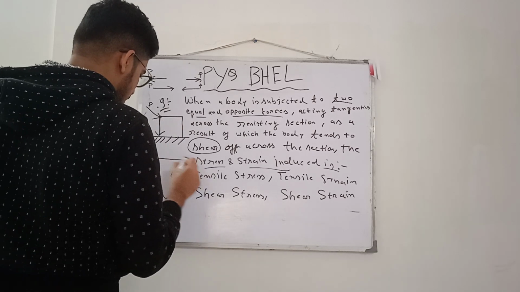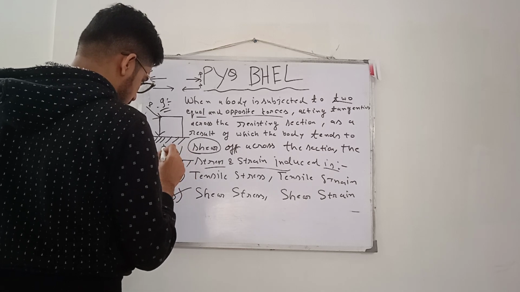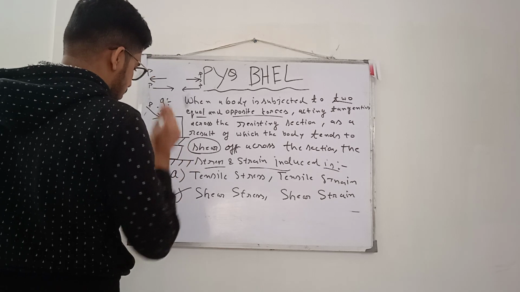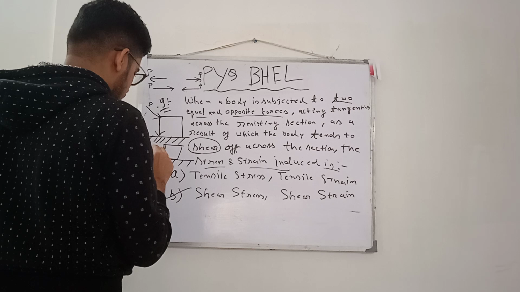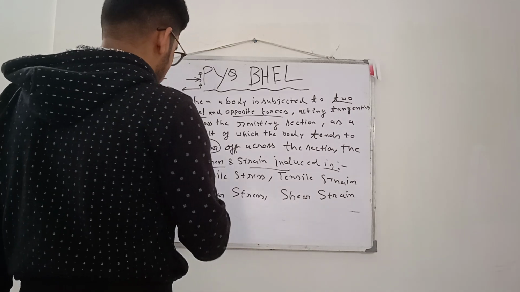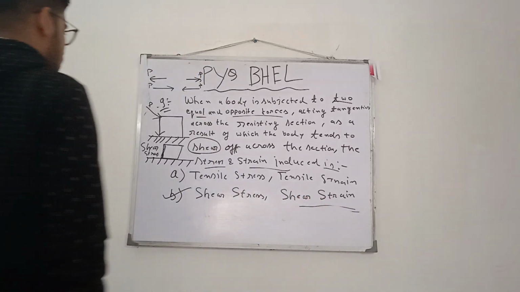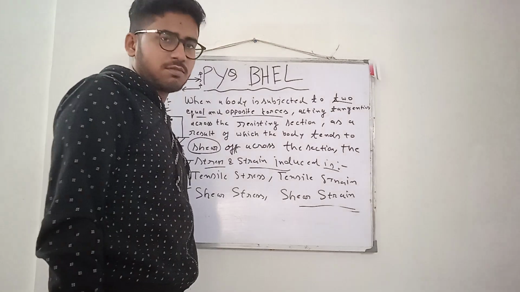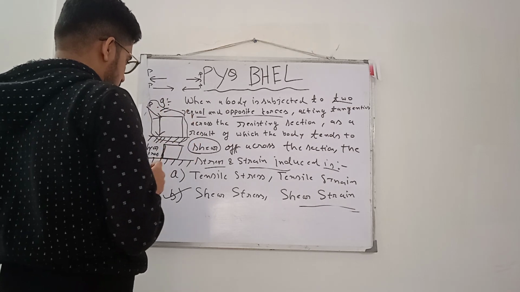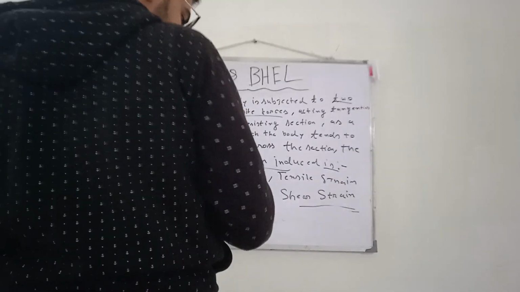That's why the resulting structure will be like this. So this is shear stress, and the deformation which is occurring is called shear strain. Okay, so this is the option. When we study strength of materials, we will go into the detailed part of this. So let's move to the next question.